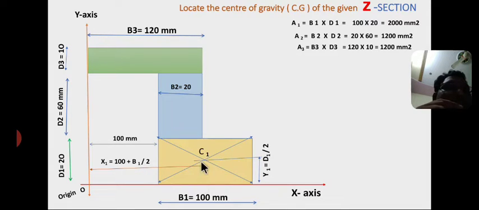So half of the base plus gap. So x1 equal to 100 plus b1 by 2. In a similar way, y1 equal to half of the height. So therefore y1 equal to d1 by 2.